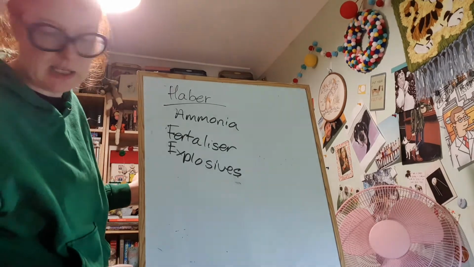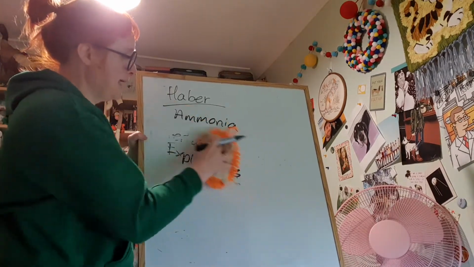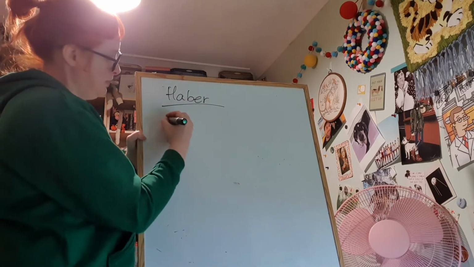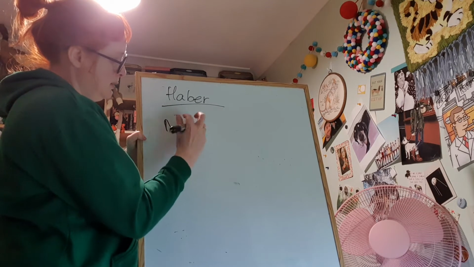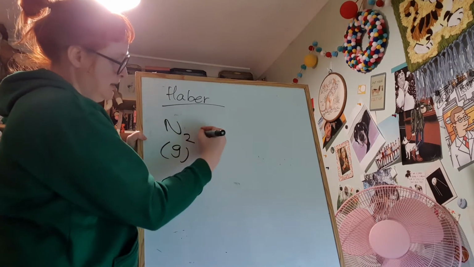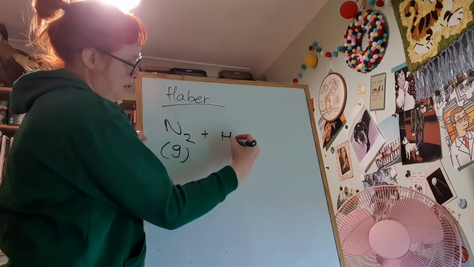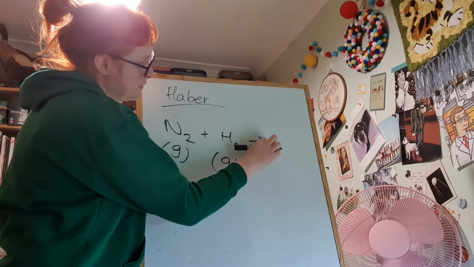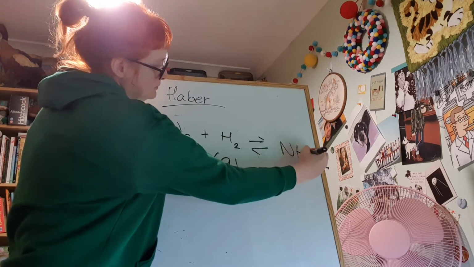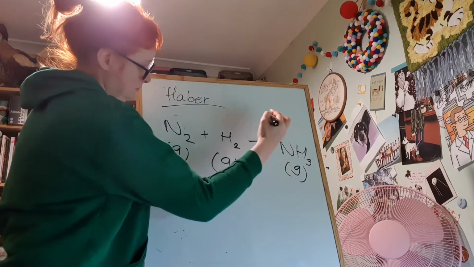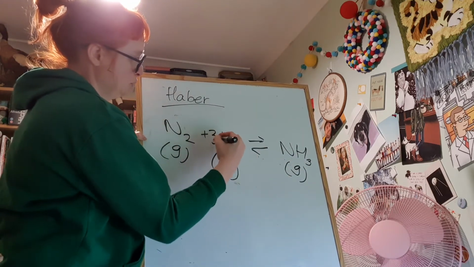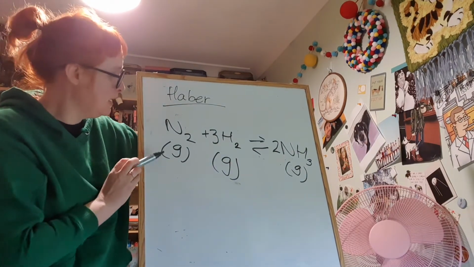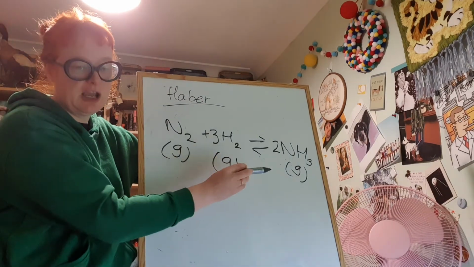So what did he say we were doing? He wants to make ammonia. He figured out that if we put some nitrogen gas, so we put into our closed system some nitrogen, some hydrogen, and we get our ammonia.